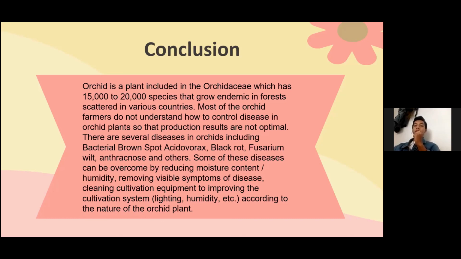There are several diseases in orchid, including bacterial brown spot Acidovorax, black rot, Fusarium wilt, anthracnose, and others. Some of these diseases can be overcome by reducing moisture content, humidity, removing visible symptoms of disease, cleaning cultivation equipment, and improving the cultivation system, lighting, humidity, etc. according to the nature of the orchid plant.